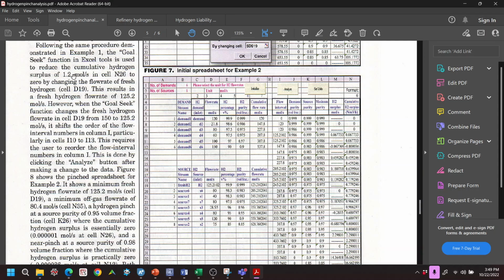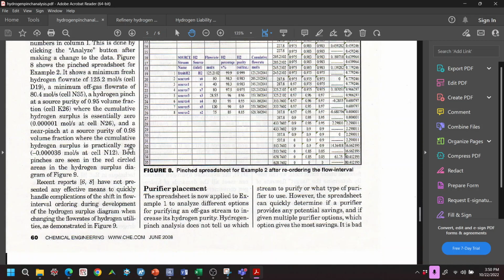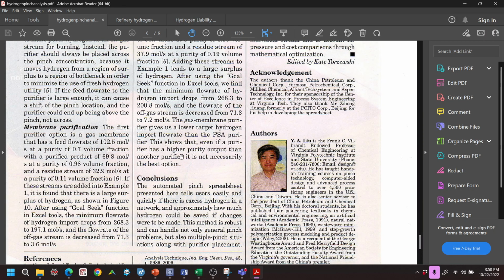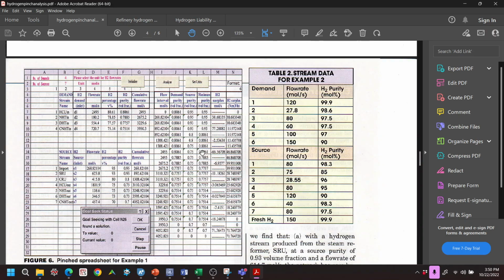This is very strange, not 1.2. Anyhow, there's something that you have to play around with. Just read this, and if you cannot find it, I'll share the Excel file with you. That Excel file looks something like what is shown here.